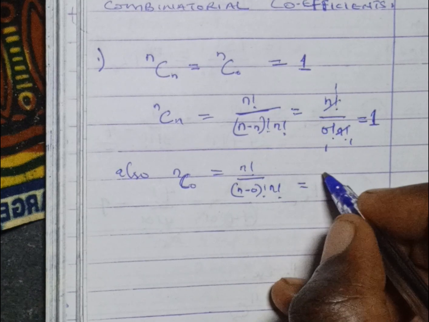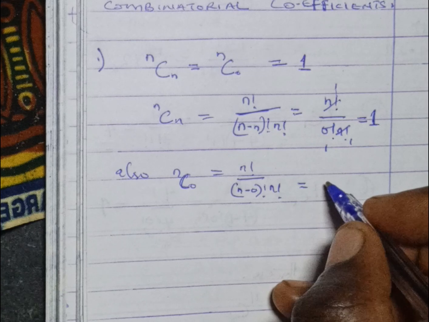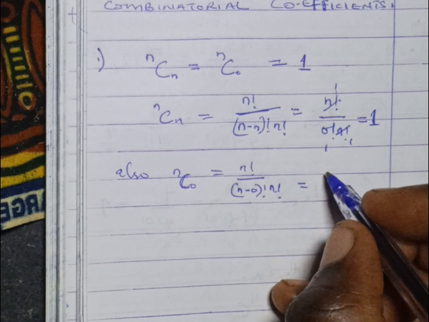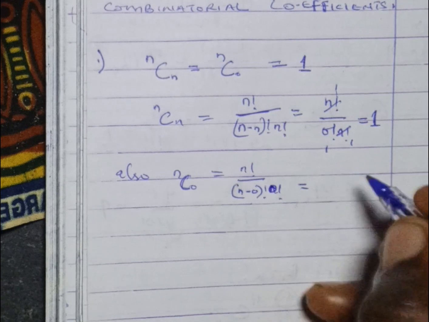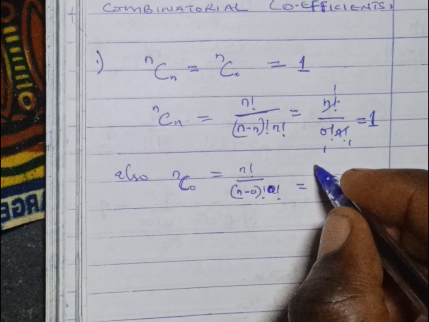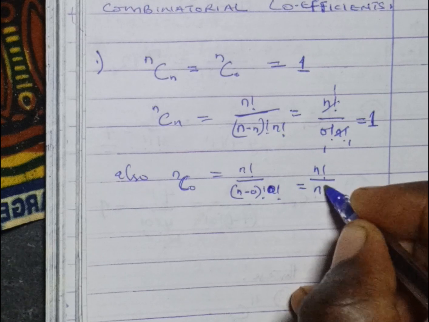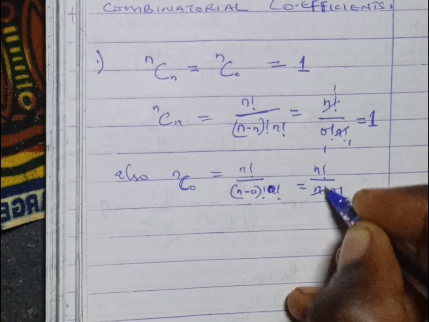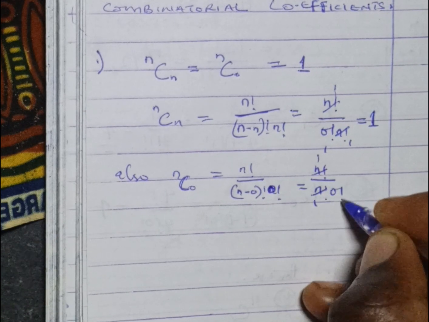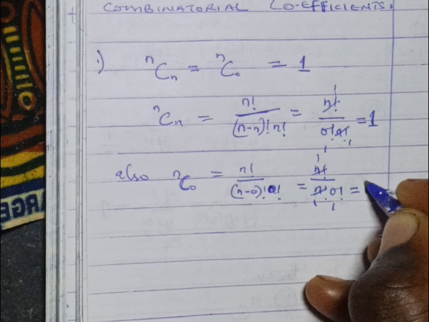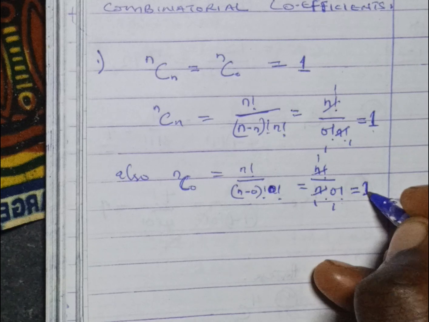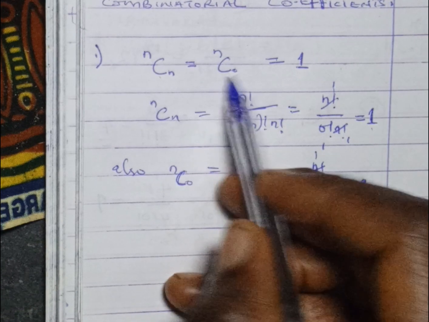If you subtract this, you have n factorial over n factorial, 0 factorial. Then this is 1, 1. Of course, 0 factorial is 1, so 1. So this and this are equal, so this is equal to this, equal to 1.